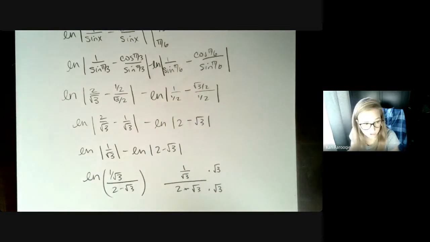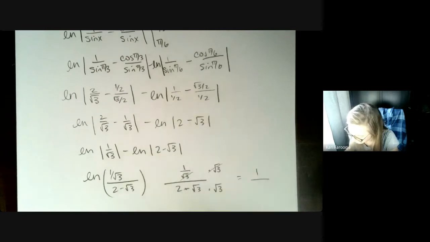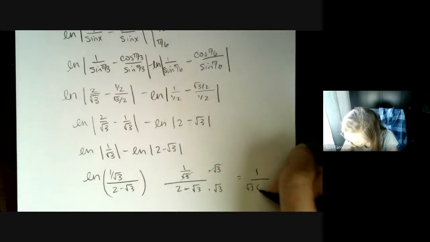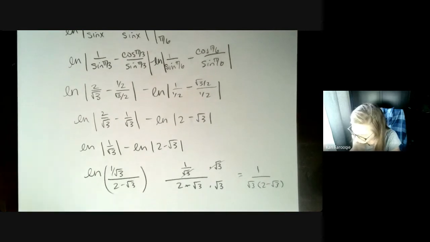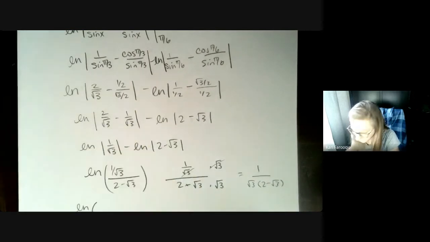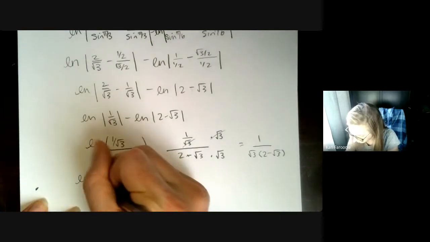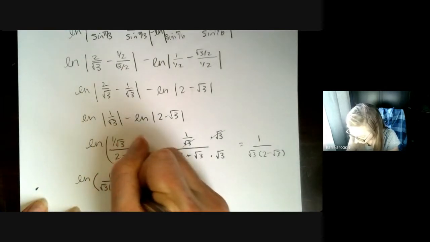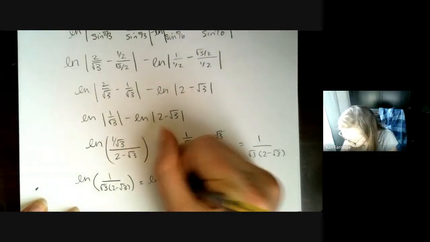Multiply the numerator and denominator by the square root of 3, and then you would get 1 over the square root of 3 times 2 minus the square root of 3. And you could do it that way. I'm running out of space here again. And then you'd probably want to multiply it in because these radicals will simplify to 3.